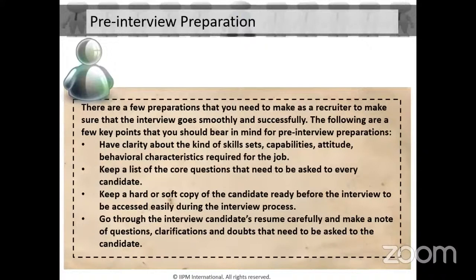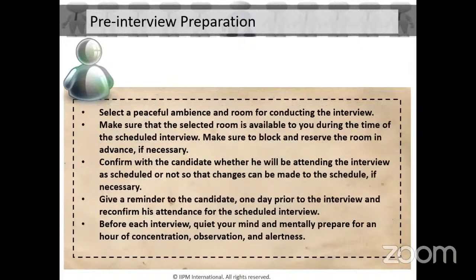So go through the candidate's resume carefully and make a note of questions based on what they have given, based on what gaps need to be filled in the CV, okay? Clarifications and doubts that need to be taken care of, you go ahead and ask the candidate, okay?